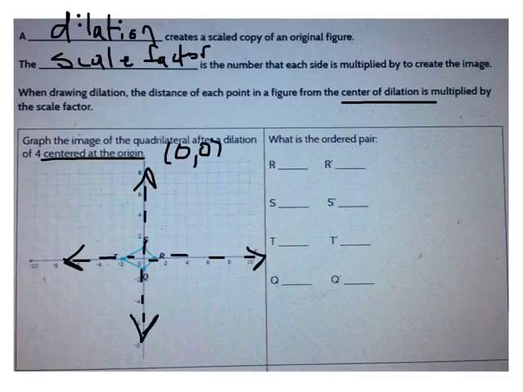I also know that the scale factor is 4. Because the origin is at 0, 0, I can multiply each coordinate of the ordered pairs of each point by 4 to find the ordered pairs for the new figure.